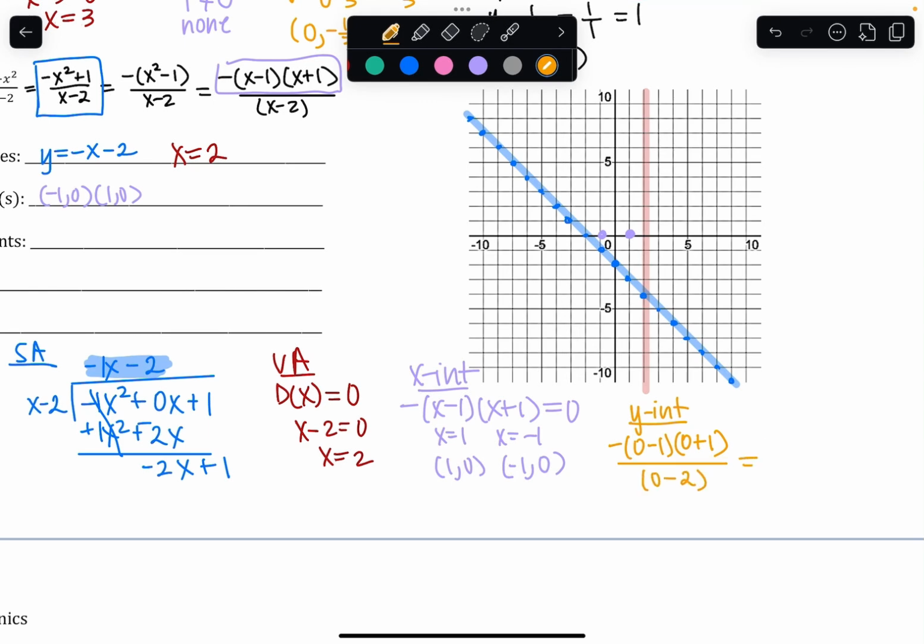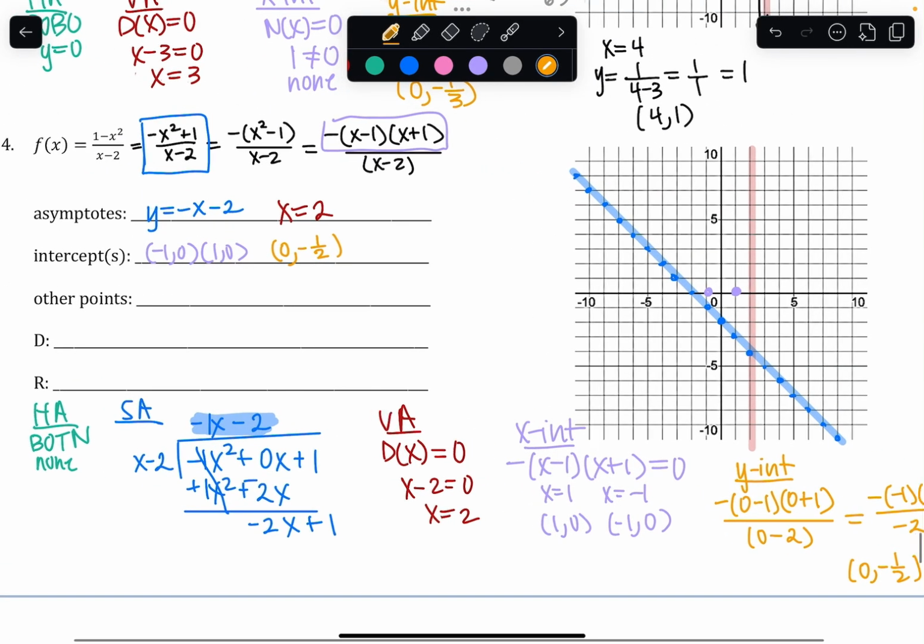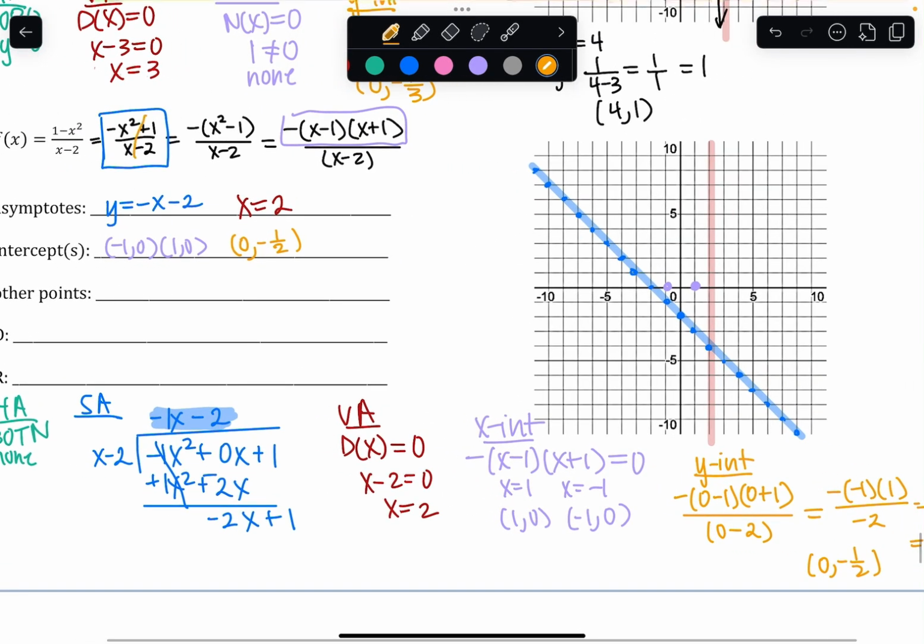We end up with a negative 1 times 1 over negative 2, which becomes positive 1 over negative 2, and so negative 1/2. And so 0, negative 1/2 would be our y-intercept. Sometimes it's easier from the unfactored form just to look at what doesn't have the x, negative 1/2.